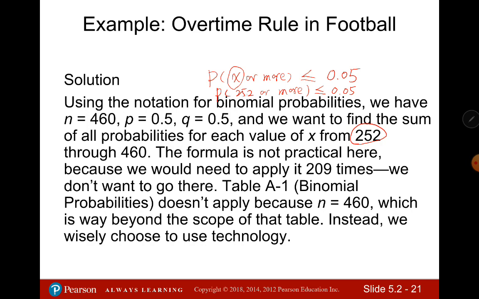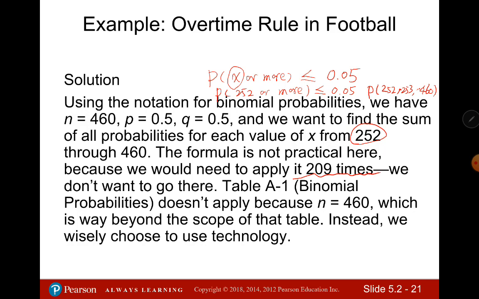So for 252 or more, we have 209 values, from 252 to 460, and we should find the sum of all the probabilities.